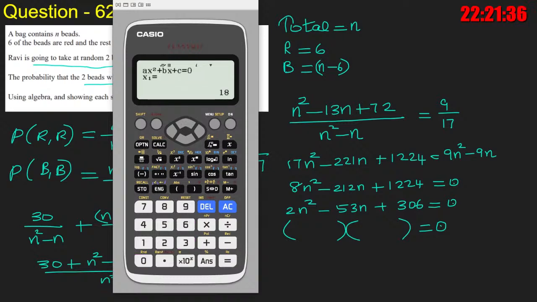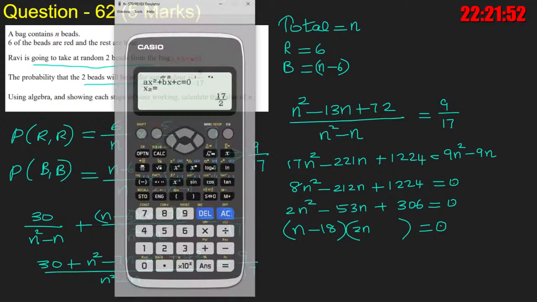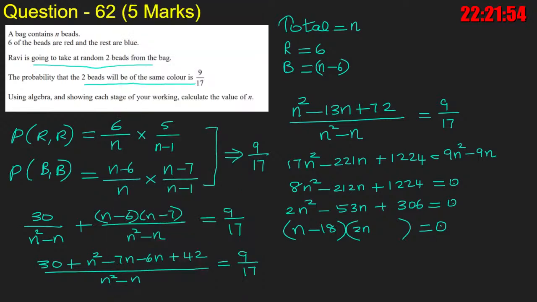The answer is 18 and 17 over 2. So 17 over 2 means 2n minus 17, like that, right? So n equals 18 or n equals 17 over 2.